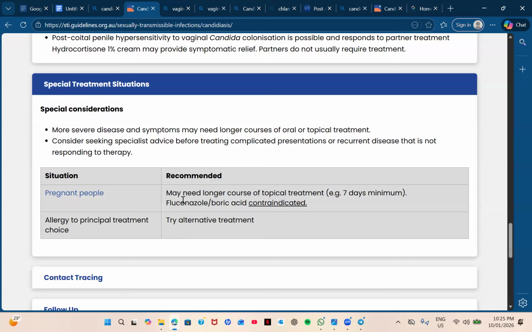We can give topical treatment. For allergy to principal treatment, we have to try alternative treatment. We have to treat partners here if the partner is symptomatic. Otherwise, we are not treating in candidiasis.